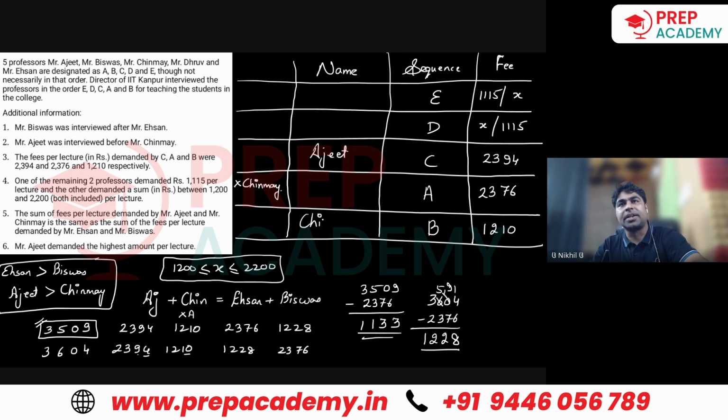So if I put Chinmay here, is it satisfying the condition that Ajit comes before Chinmay? Yes, he does come before Chinmay. Now, if Ehsan is 2376, then he will come here, and Ehsan has to come before Vishwas.